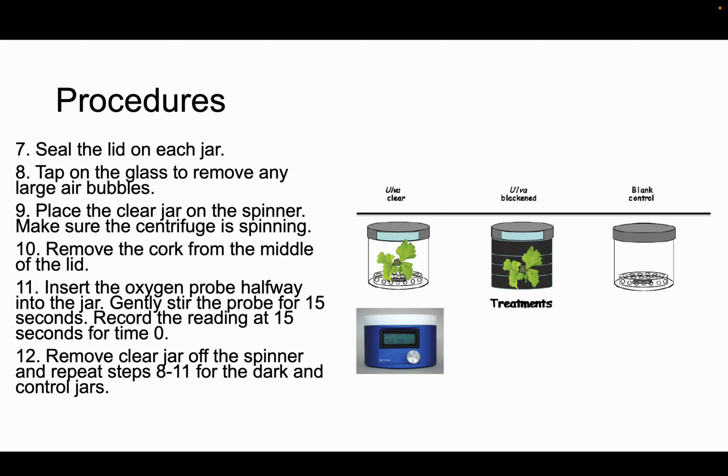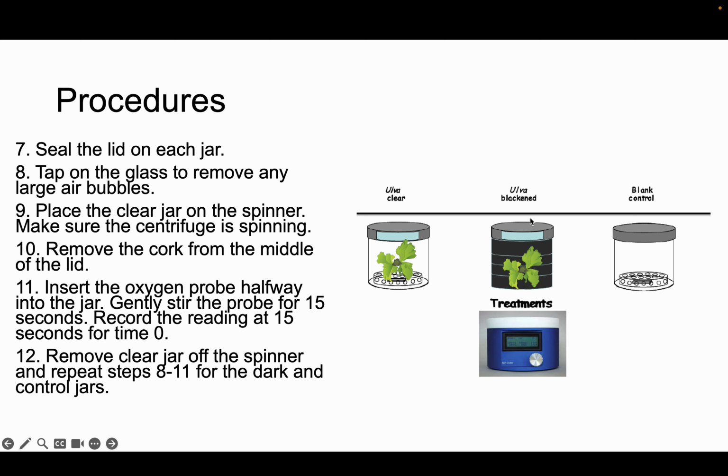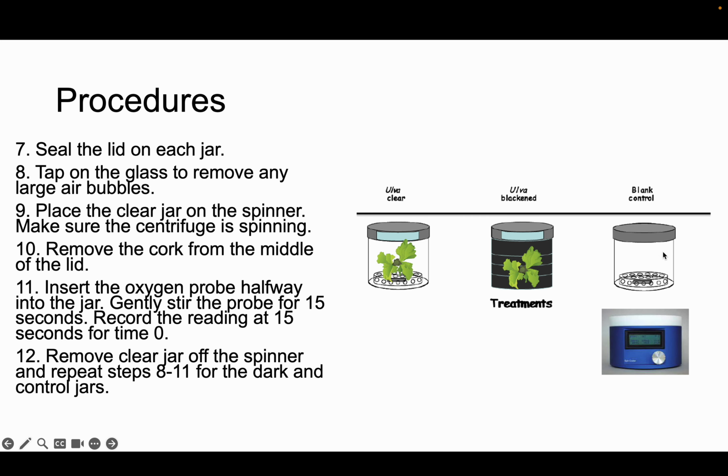So every time you do the reading, you need to put one jar on, open up the cork in the lid, put the dissolved probe in, and then you can measure the dissolved oxygen reading. When you're done with the clear jar, remove it and then put your dark jar on, put the probe in, measure the dissolved oxygen, and then when you're done with that, take the dark jar off and then put the blank jar on.